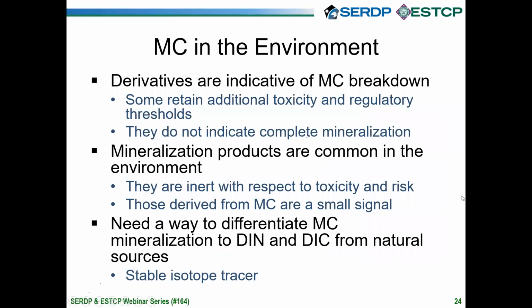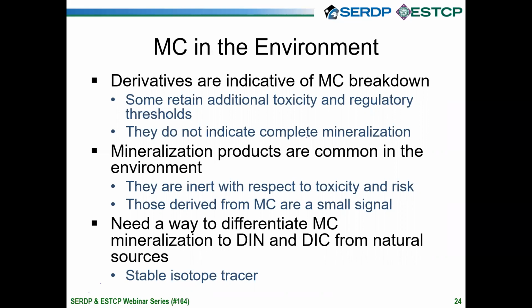The reason for this is that even though the derivatives do provide some indication of munitions constituent breakdown, they, one, don't indicate on their own complete mineralization. And two, many of these derivatives retain some additional toxicity and have their own regulatory thresholds. For instance, one of the breakdown products for DNAN under certain conditions is dinitrophenol, which actually has a higher toxicity than the parent compound itself.